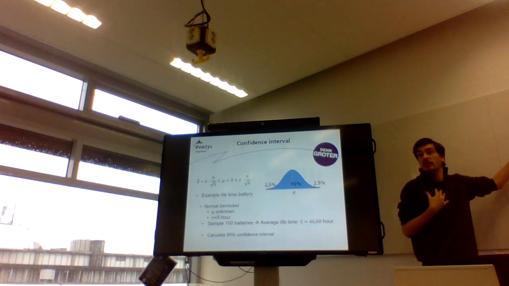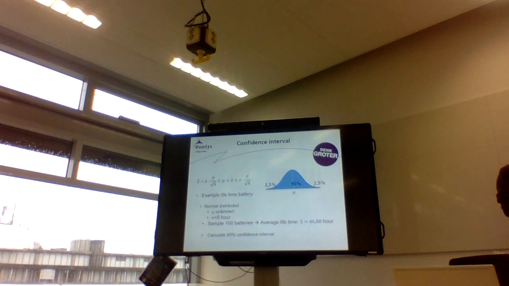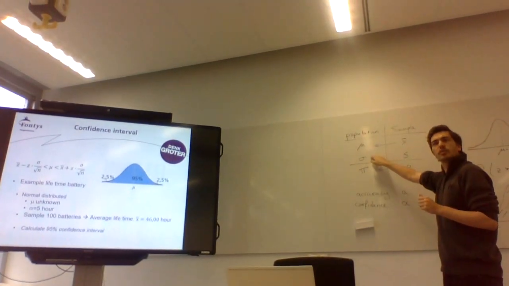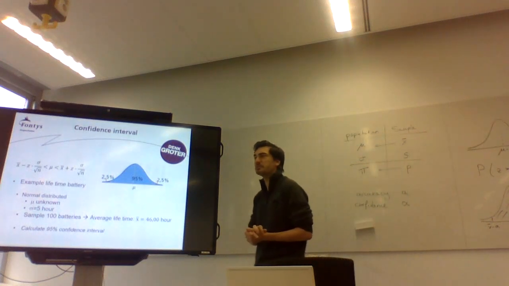I mean, to me that sounds weird. If I know the standard deviation of the population, I then know how an average sample from that population deviates from my average. So how can I not know this but know that? It's weird. So that's why we do a battery example.